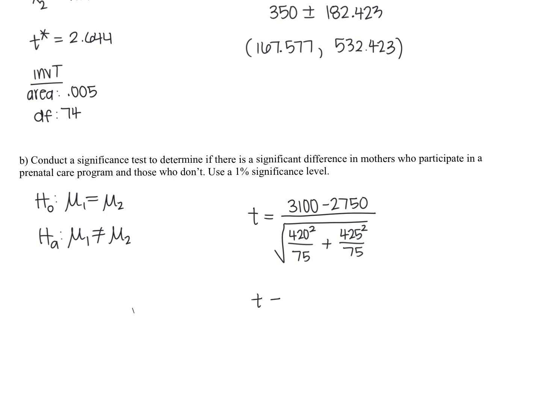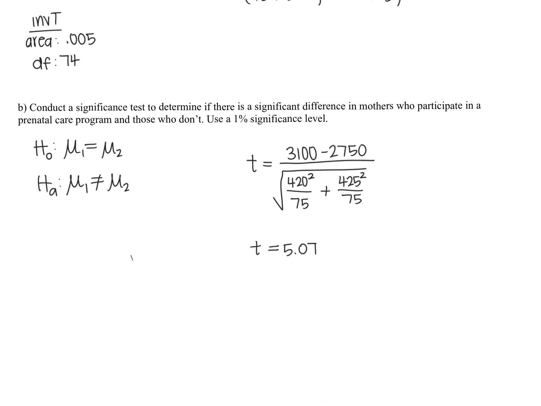So we're going to get a test statistic of 5.07. So when we go to find our p-value, we're going to go to TCDF. Our lower bound is going to be 5.07. Our upper bound is our 9s. And then our degrees of freedom is 74.